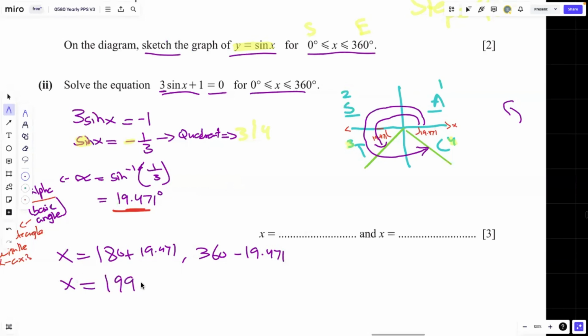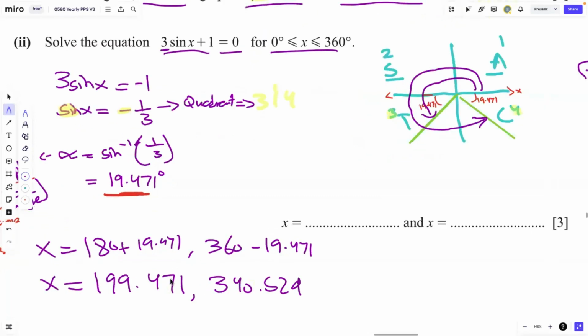That's 199. And for the other angle, okay, let me just write that down first. 360 minus 19.471 is coming out to be 340.529.